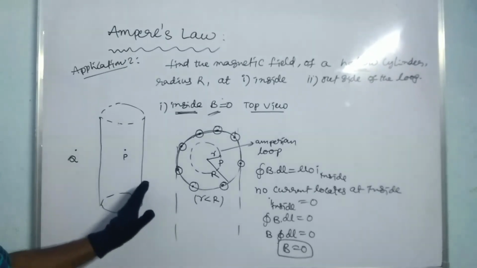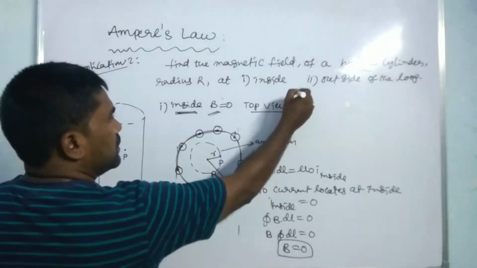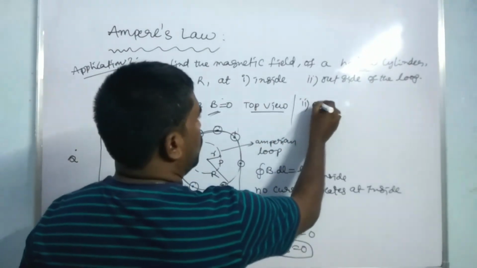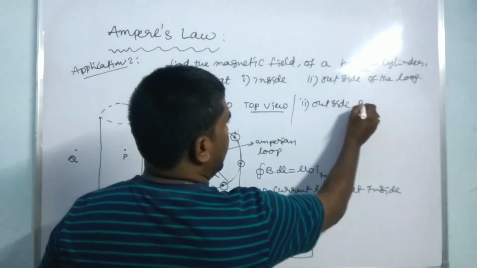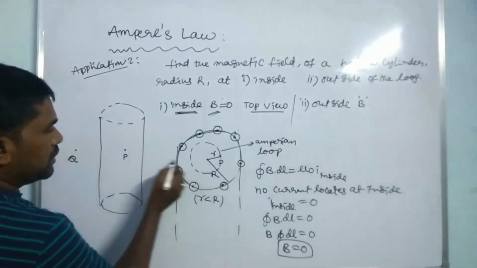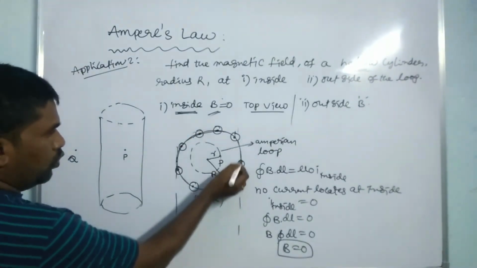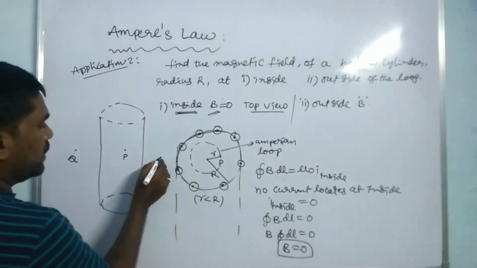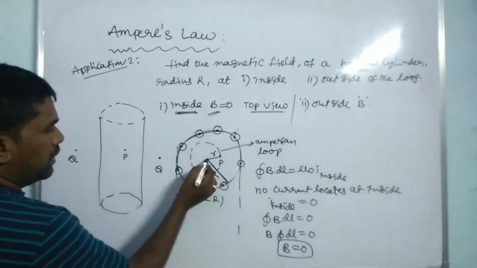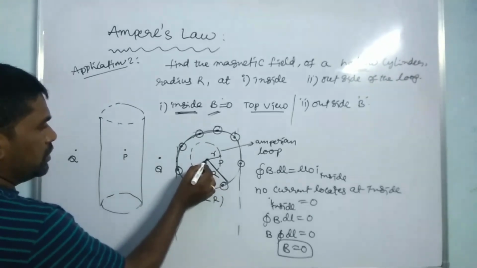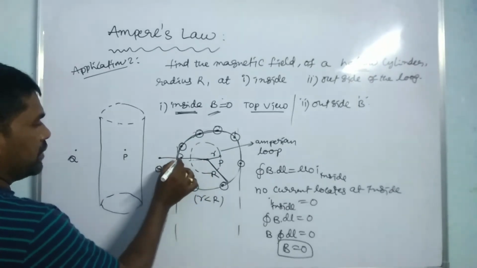Okay. Now coming to the outside. That is the second case, outside of the cylinder, the outside B. Here there is a point Q. The radius of the cylinder is capital R, and from this point Q we take the radius small r.